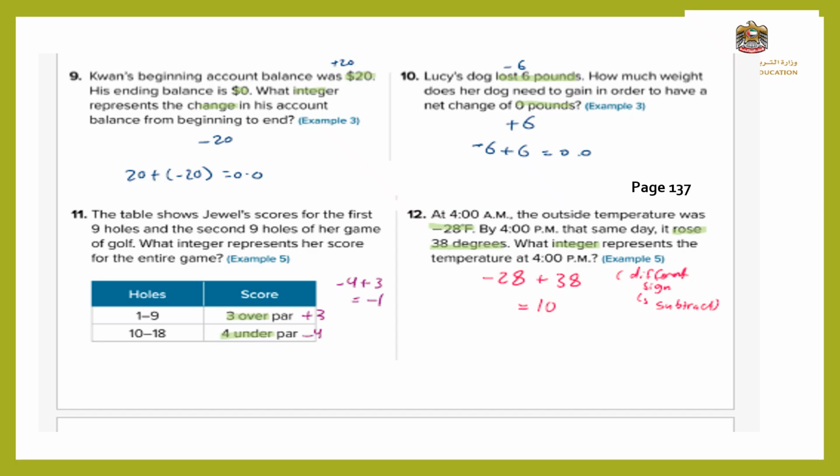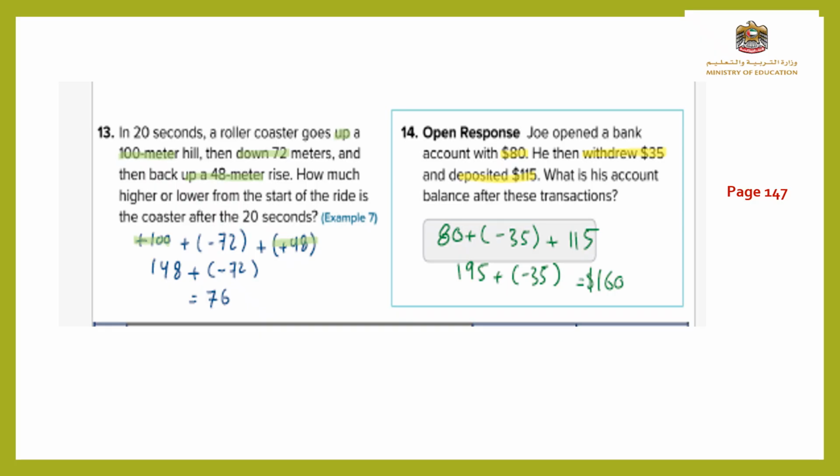So how we will mention that is minus 20. Okay, 20 plus minus 20 is 0. Actually that is 20 minus 20, but to introduce the integer we are using this minus 20. Okay, this also same way. Read the sentence and do it. Check whether you are getting the same answer or not.